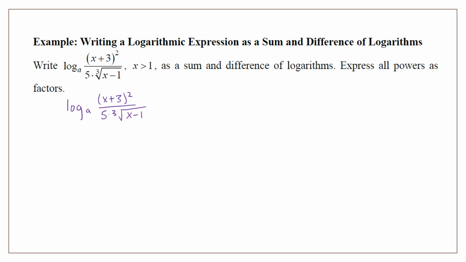So when you have a rational expression like this, the first thing you want to do is to split up your log using the difference of logs first, and then apply the sum of logs. So we are going to take the log base a of x plus 3 squared minus the log base a of 5 times the cube root of x minus 1.